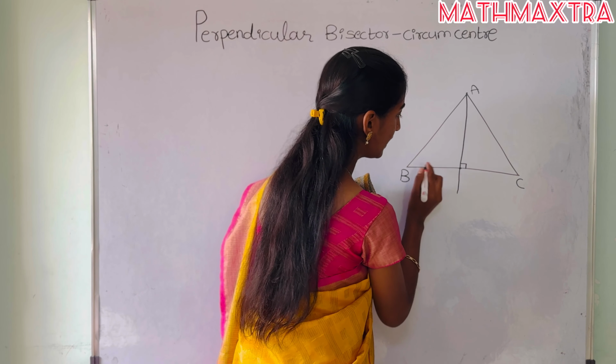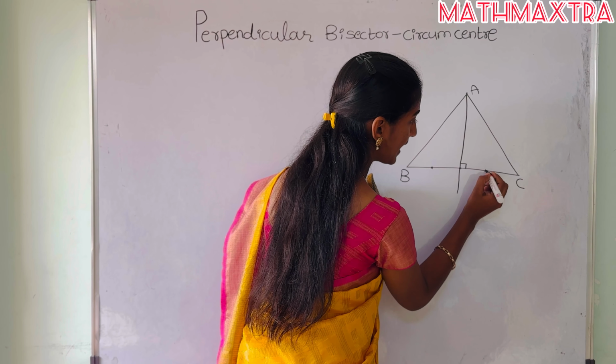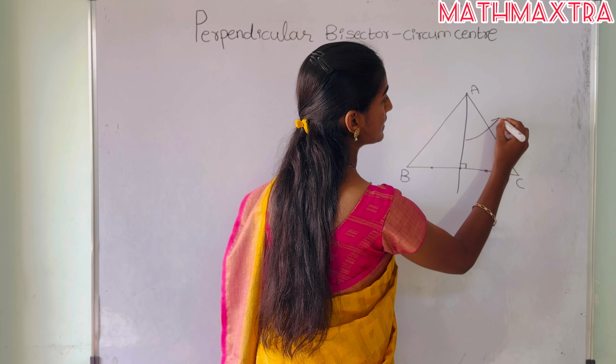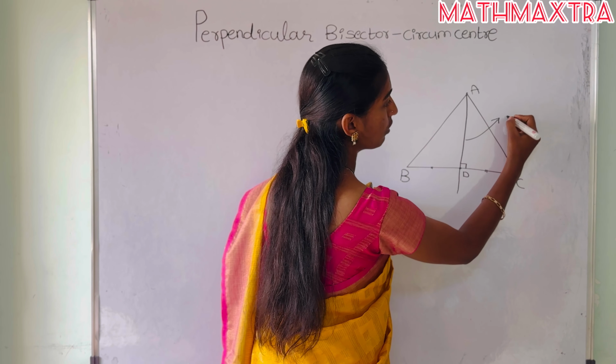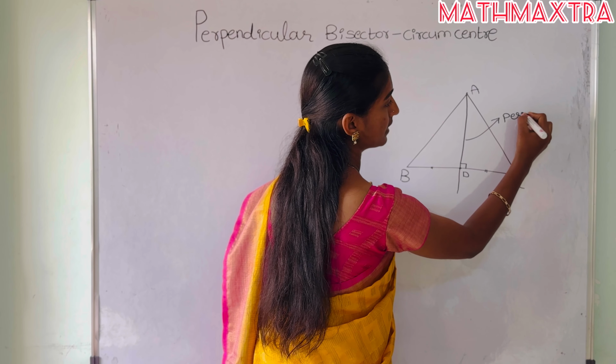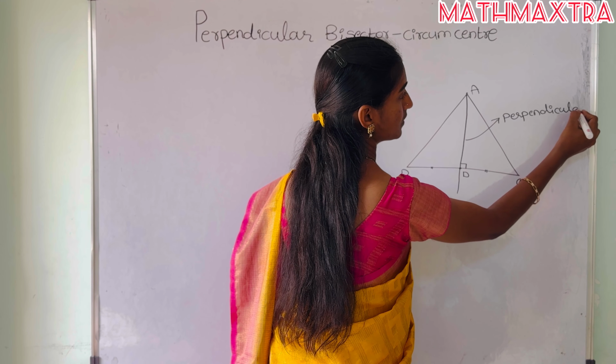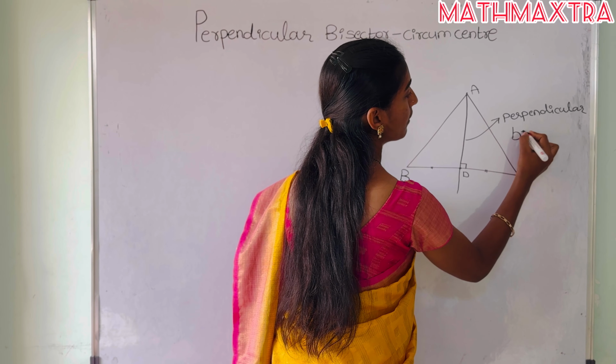This is the perpendicular and it is dividing this side into two equal parts. This we call the perpendicular bisector.